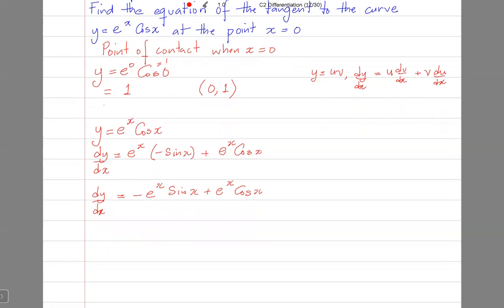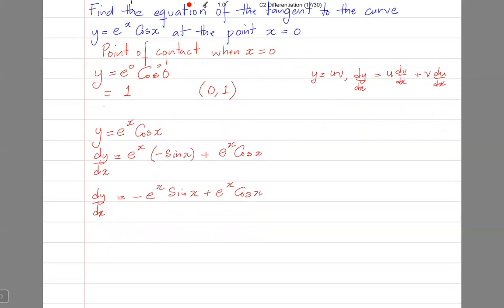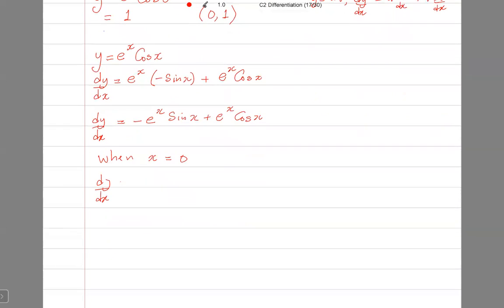I need to find the gradient when x is 0. So when x is 0, dy by dx would be equal to minus e to the 0, the sine of 0, plus e to the 0, the cosine of 0.